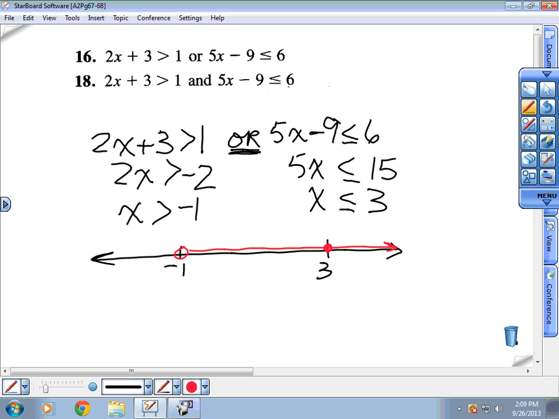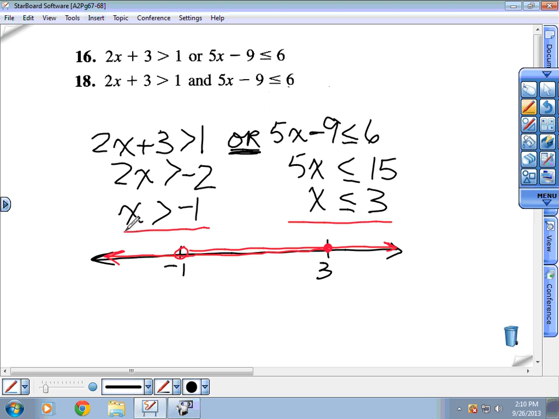Less than or equal to, color it in, less than or equal to 3. Notice I'm going to get that negative 1 anyway. So negative 1 will make this side true, yet it will not make the other side true because it's got to be greater than negative 1. Okay?